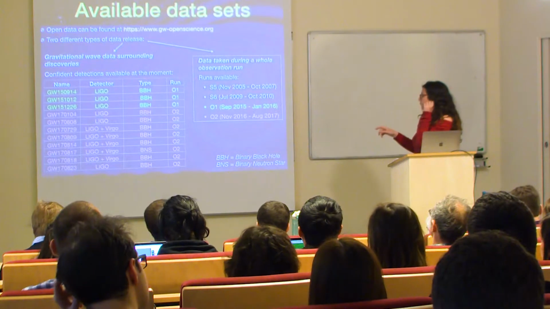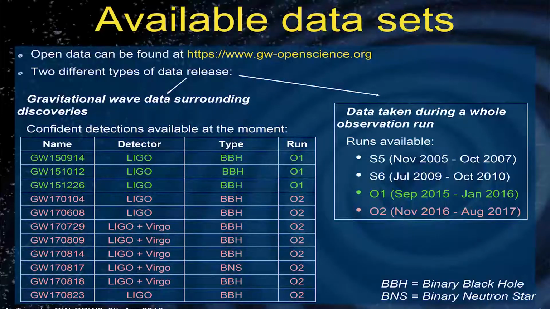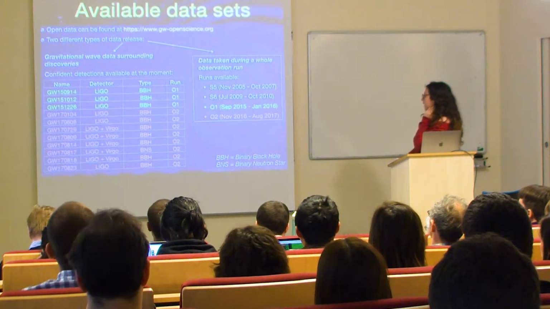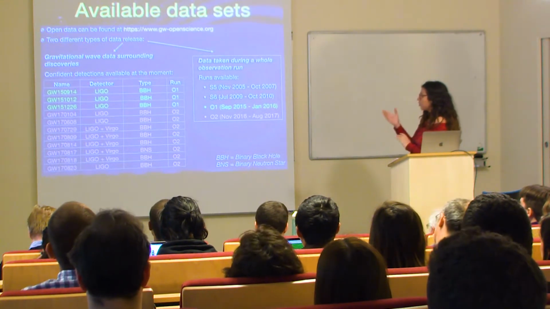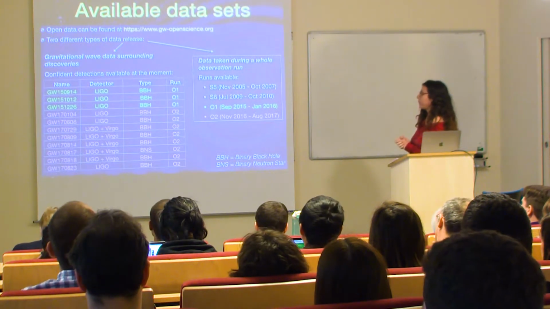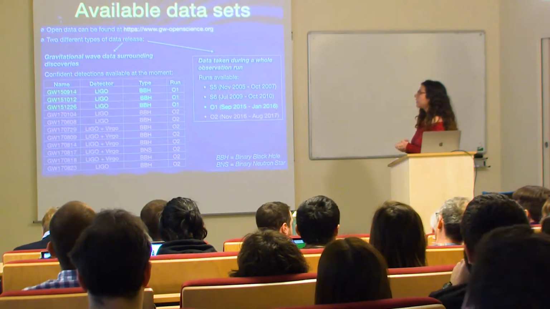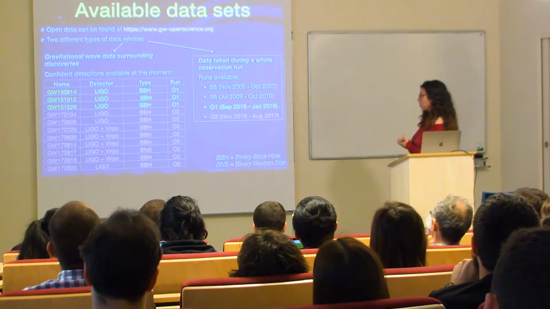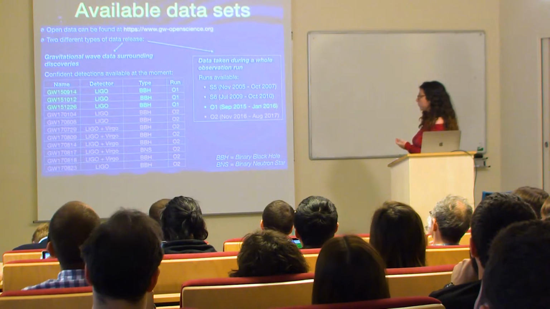Keep in mind, in terms of the names of these events, that the name is always something like GW, and then the date, but in American format. So the year, the month, and the day, which for Europeans is a bit confusing at the beginning, but okay. And this chart shows you that in O1 the detections were only LIGO detections, and then there are contributions of Virgo in O2.